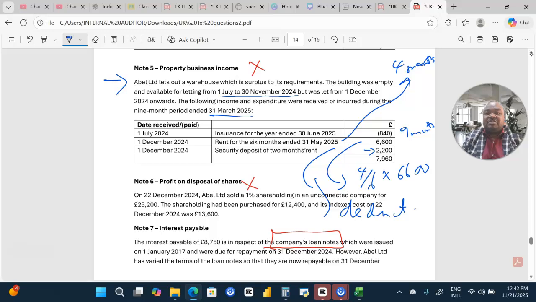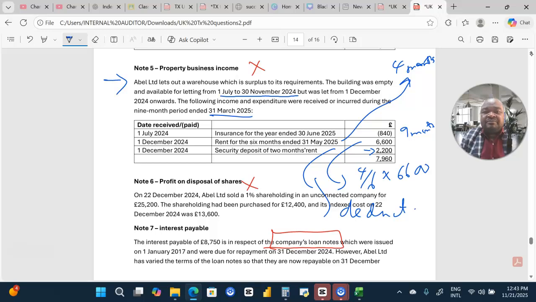Why? Because when the tenant wants to leave, you are required to give them back their security deposit if they have no rentals outstanding. That's not your money. So the taxman doesn't tax you on that because he knows it's not your money. Okay, what else?